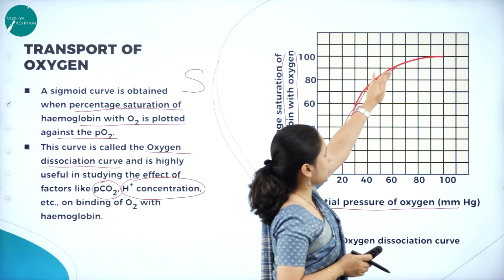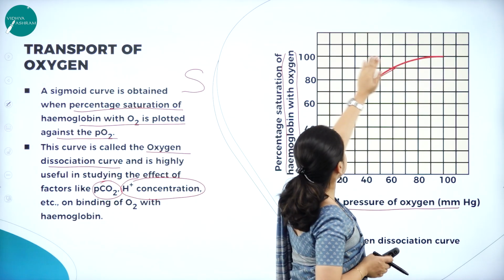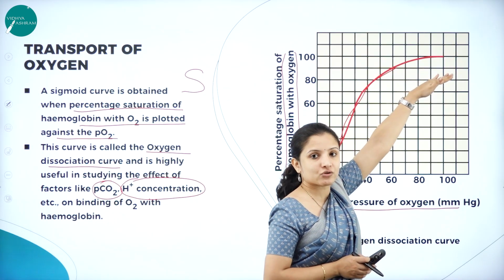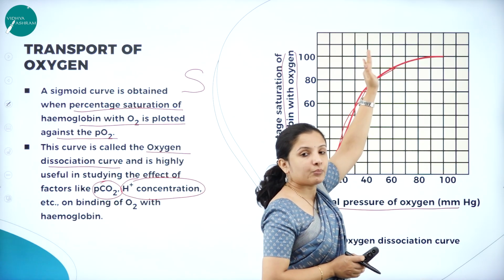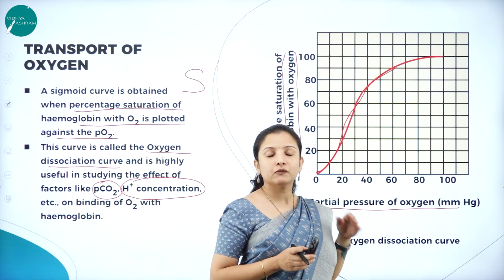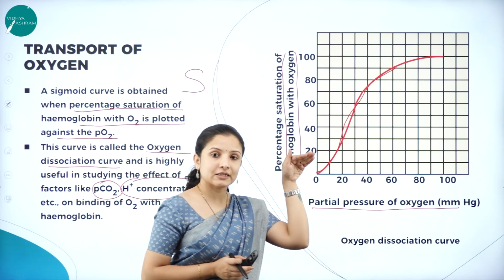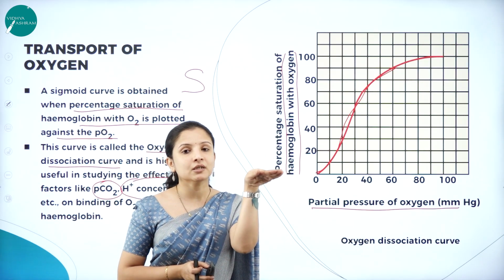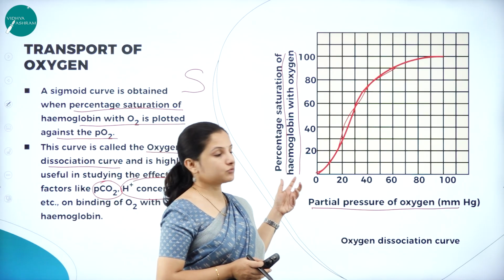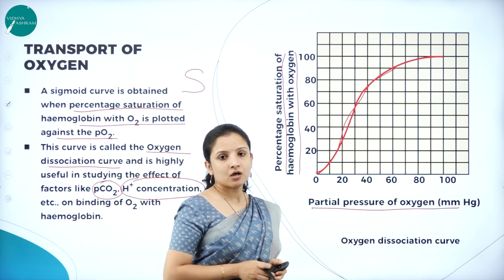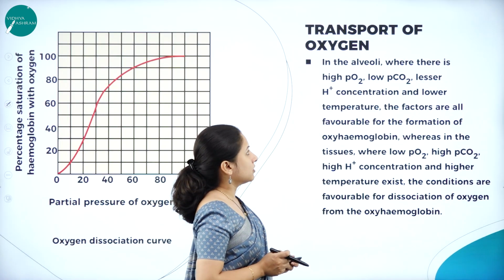After that, it will start to become stagnant. Once it reaches 100% saturation, the binding of the oxygen molecule with the hemoglobin will reach a saturation point. That is, it will become stagnant. So, that is what we can understand with this particular oxygen dissociation curve.